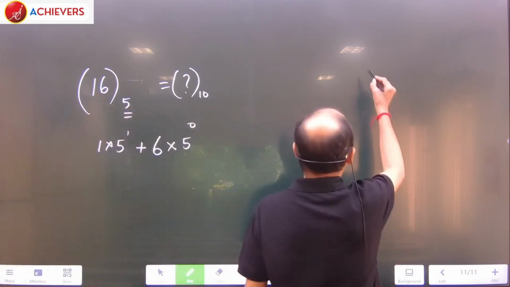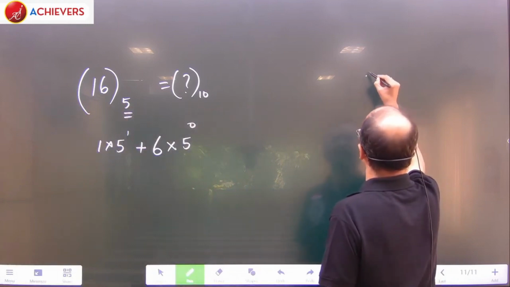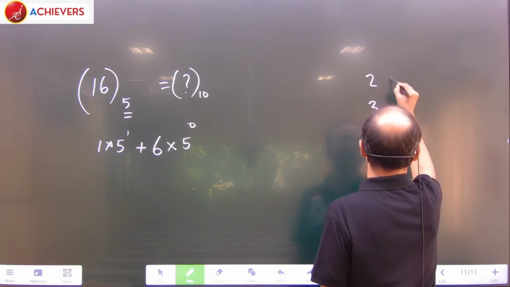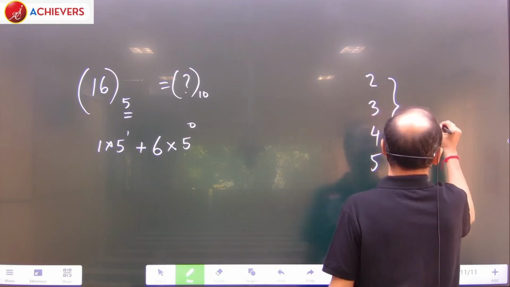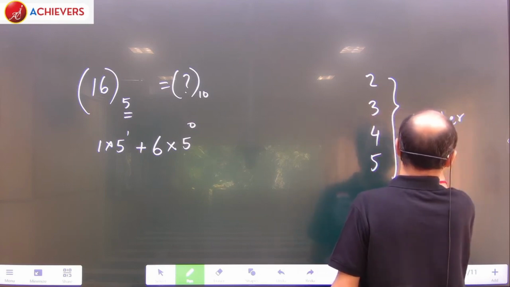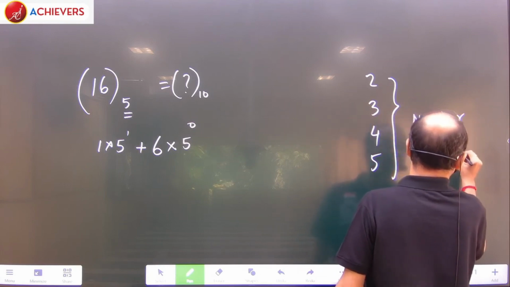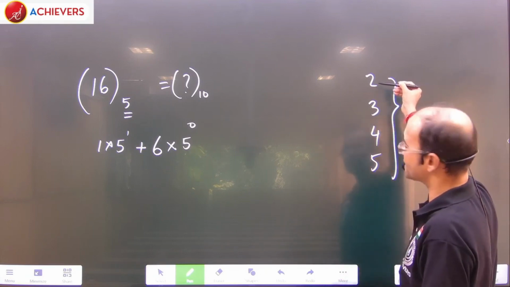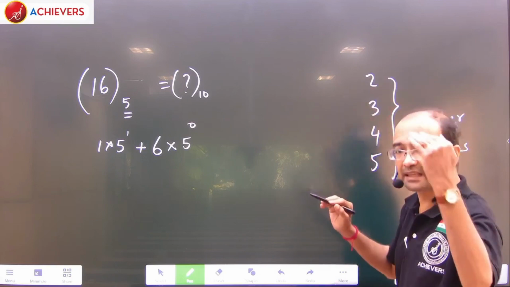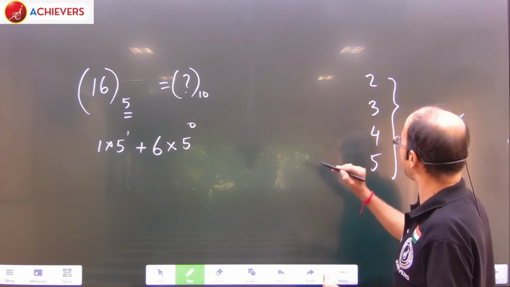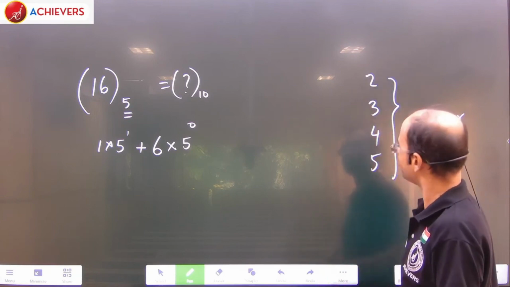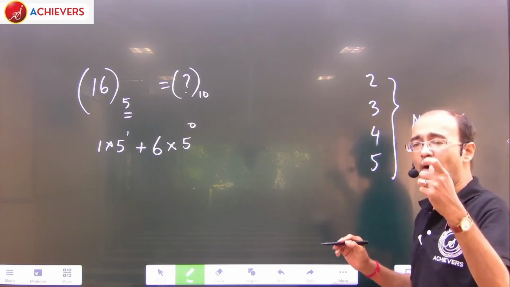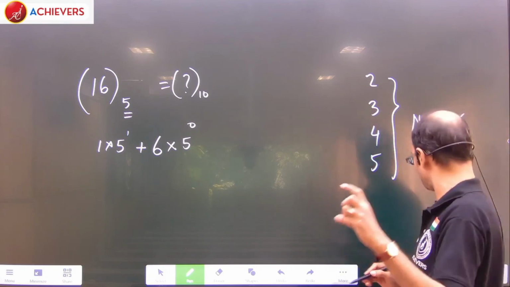So when we define a number system as 2, 3, 4, 5, these are the number systems. So what did we see? When the binary number system is concerned, we can represent digits up to 1 less than the base. Similarly, in base 3, we have 0, 1, 2, so we can represent up to 2.